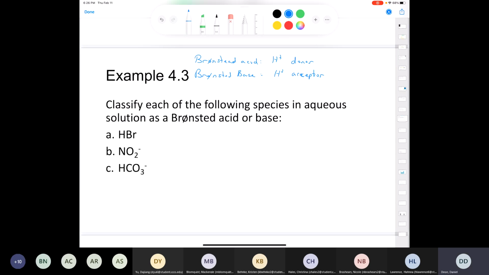All right, let's take a look at the first one. We have HBr. Could anybody tell me, would that be a Bronsted acid or a Bronsted base?